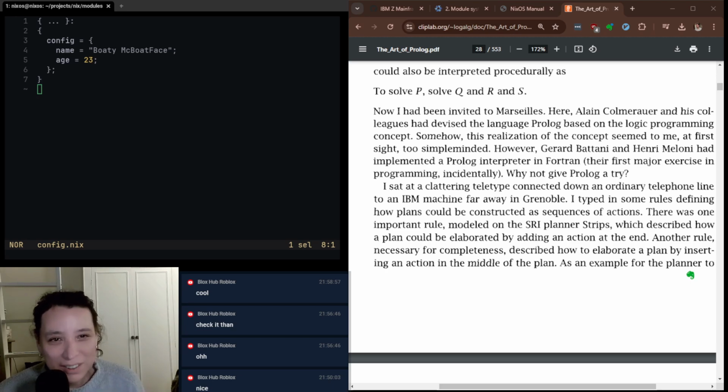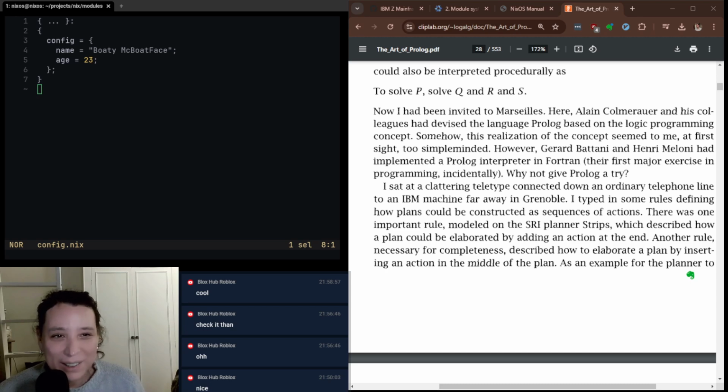Somehow, this realization of the concept seemed to me at first sight too simple-minded. However, Gerard Battani and Henri Meloni had implemented a Prolog interpreter in Fortran, their first major exercise in programming incidentally. Why not give Prolog a try?